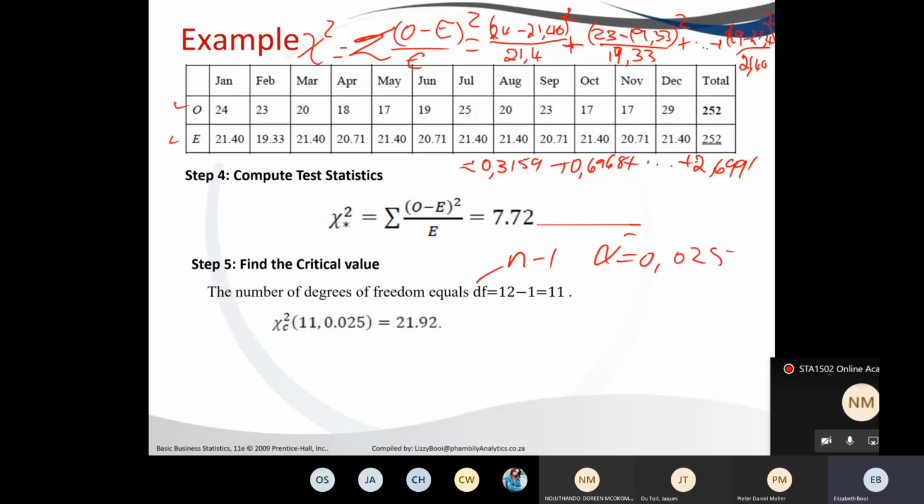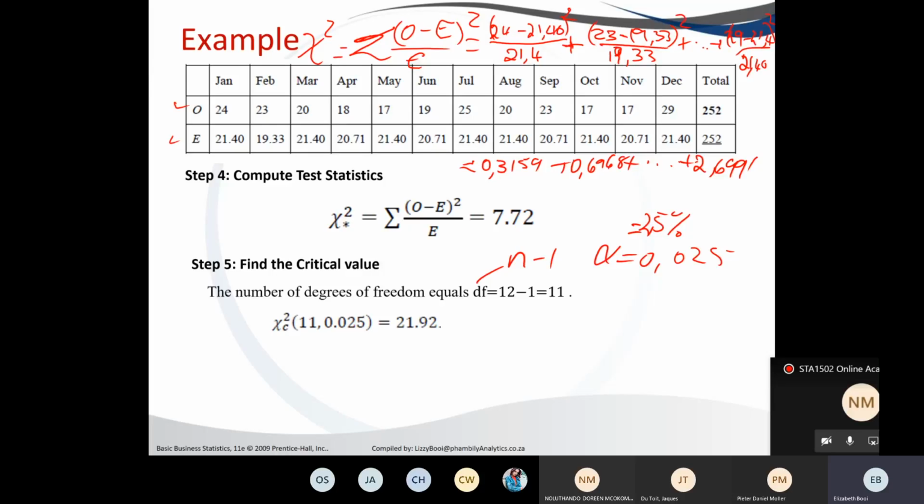Remember that from the beginning, the question was with alpha of 2.5%, and that gives us 0.025. And we're going to go to the chi-square table and go find the chi-square critical values.